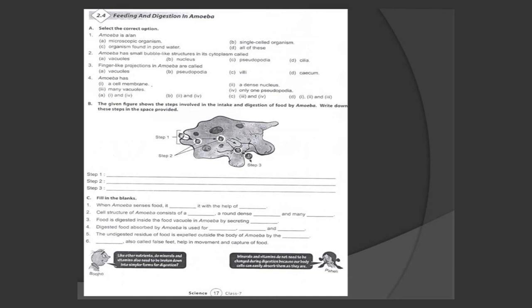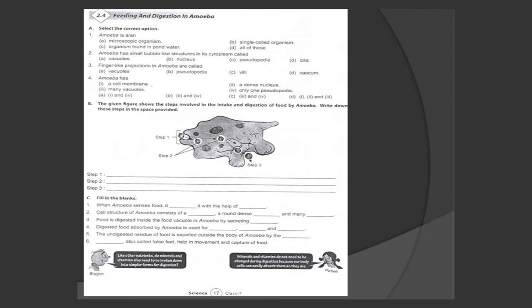Fourth one: digested food absorbed by amoeba is used for growth, maintenance and multiplication. Question 5: undigested residue of food is expelled outside the body of amoeba by the vacuoles. Question 6: pseudopodia, also called false feet.